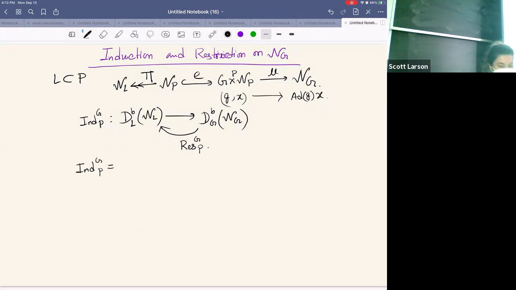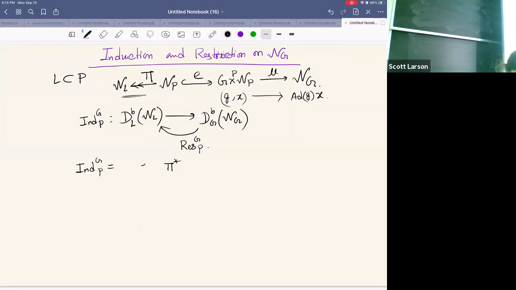If you don't know what these maps mean, you don't have to care. You just know it gives me the freedom to move from smaller to bigger or bigger to smaller. So induction is: we first pull back from here, from N_L.